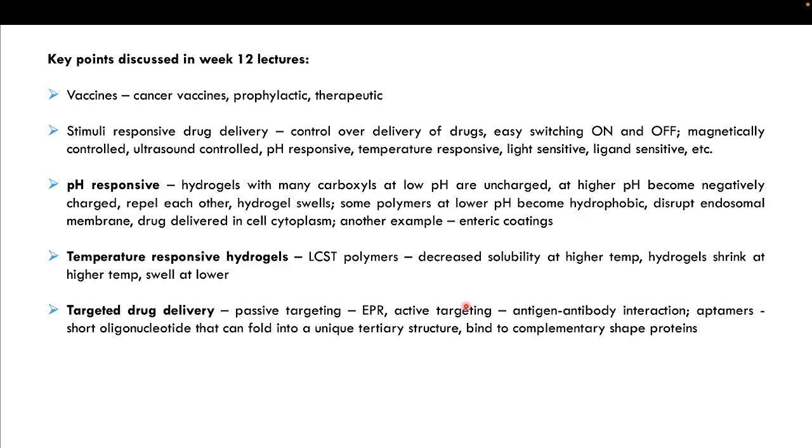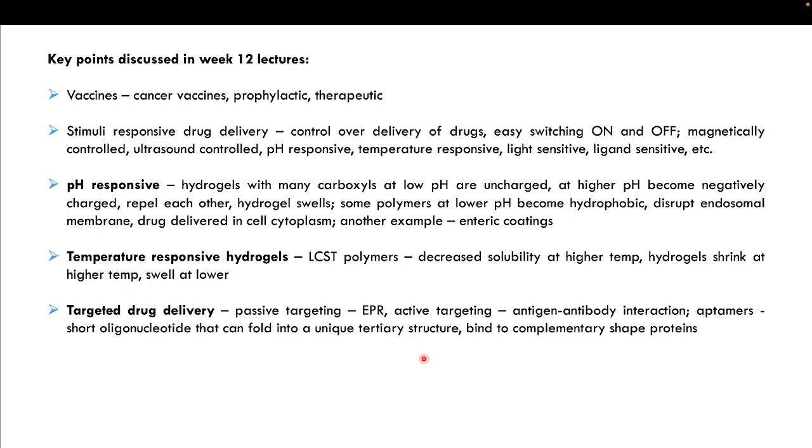The next topic in this week's lecture was targeted drug delivery. So until now we have seen that whatever drug you're trying to give, you either give it orally or you inject it into the bloodstream, and then that drug will go all over the body. So instead of that, let's say you're trying to treat a disease which mainly affects the lungs of a person.